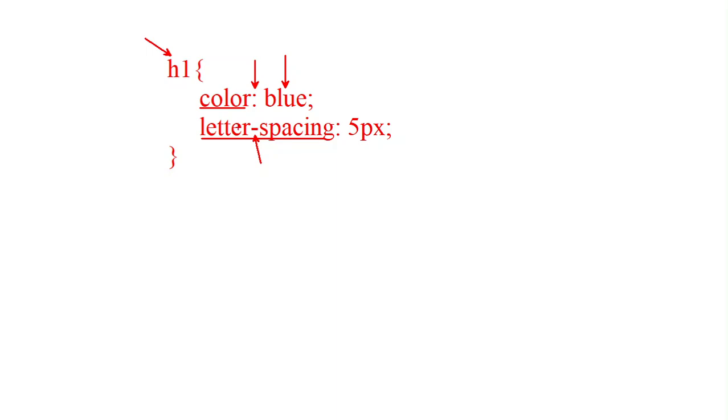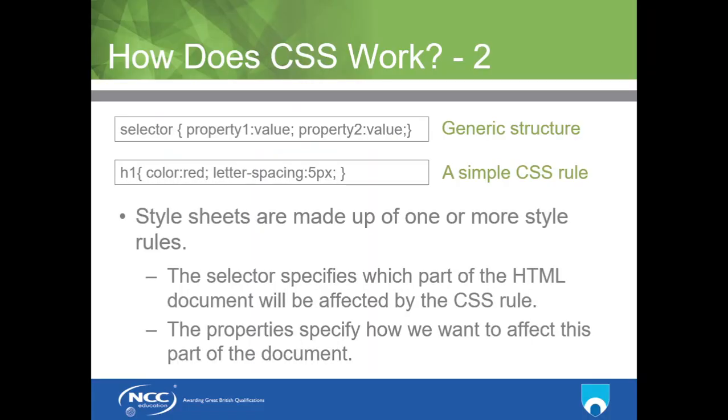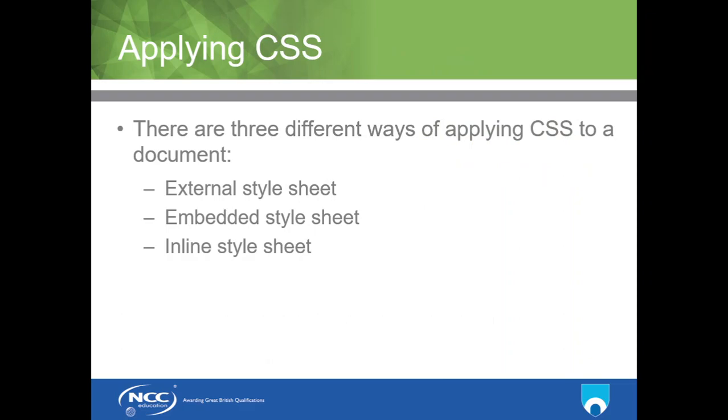This will ensure that all heading 1s are colored blue, and the spaces between the letters of all heading 1s is going to be 5 pixels. So that is what that particular code will achieve. So please don't forget that for every CSS rule, we have a selector, we have the property, and we have the value. Okay, so let's move on.